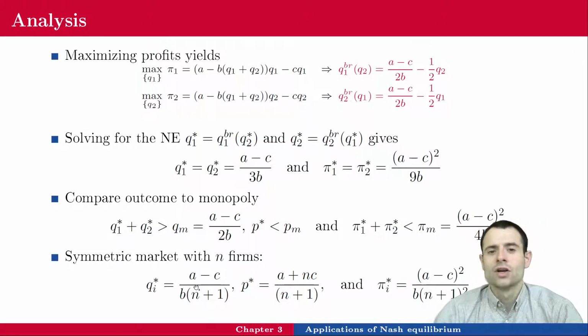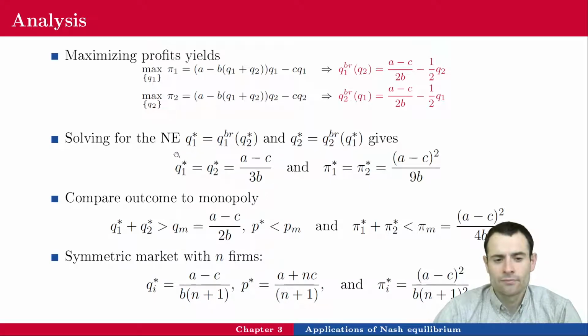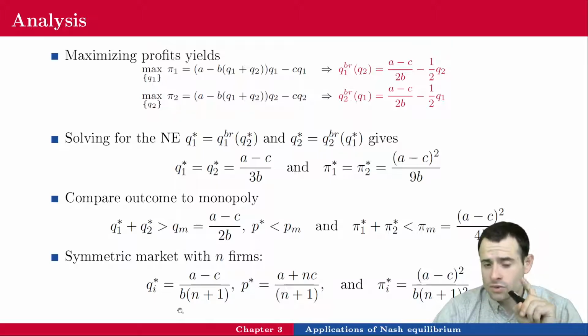So if you have two firms, n is equal to 2, and that would give you A minus C over 3B, the quantity found exactly here. So this is the more general formula that applies when all of the firms on the market have the same cost. If they don't have the same cost, again, this formula will be different.